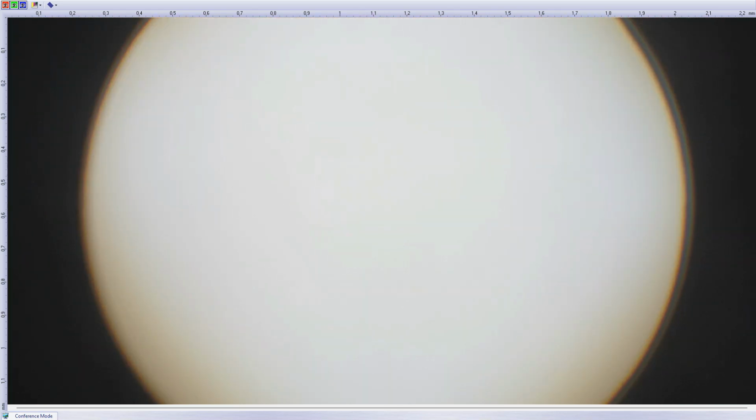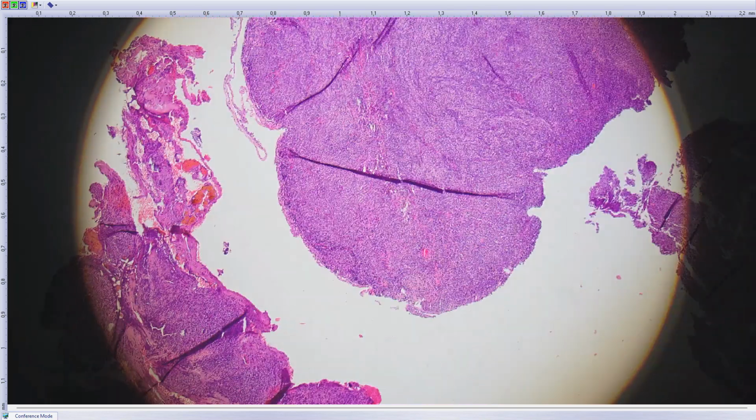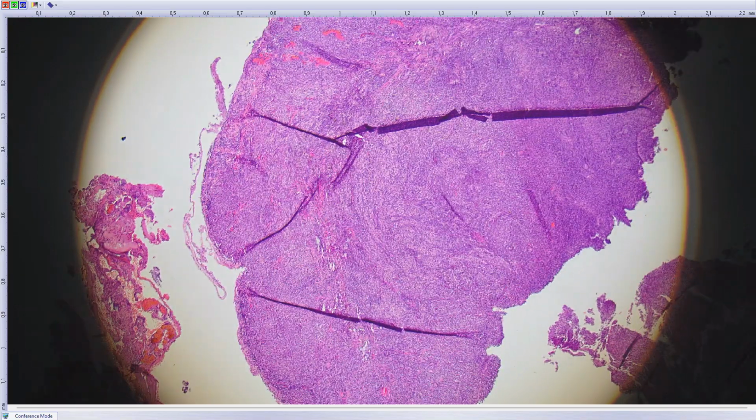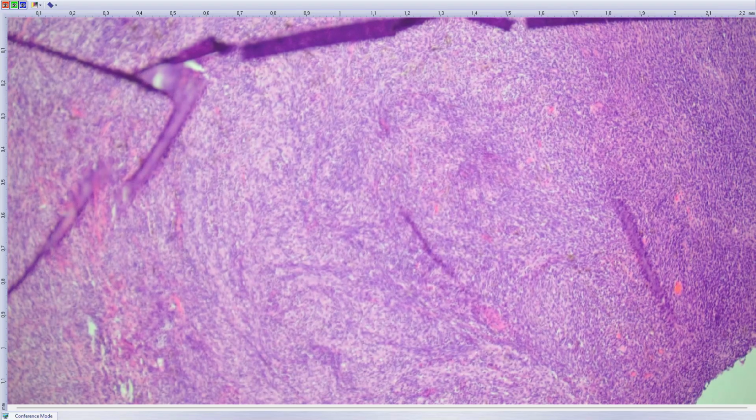And my last case, again, it's quite interesting. This is a CNS case. I don't know the exact location, but it's a dural-based tumor.